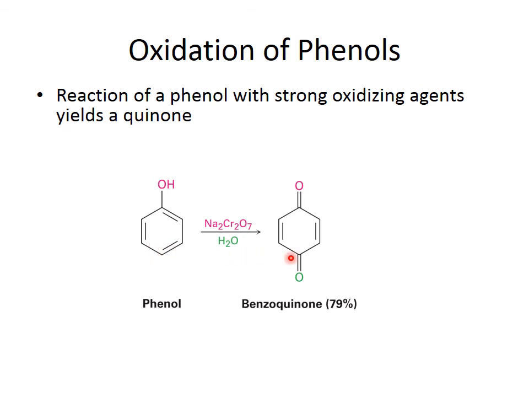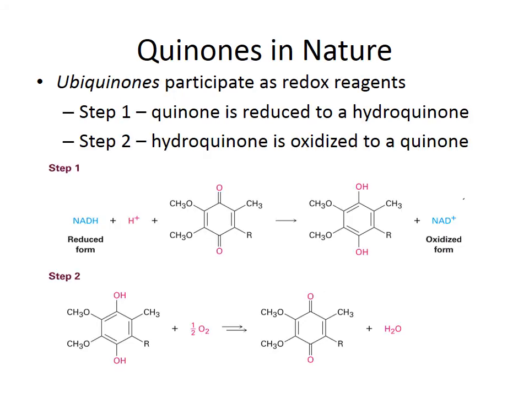This is an important reaction. Quinones are important in biology. We find quinones in nature. This is a quinone that we find in nature. It will be reduced by NADH, and it makes what's called a hydroquinone.